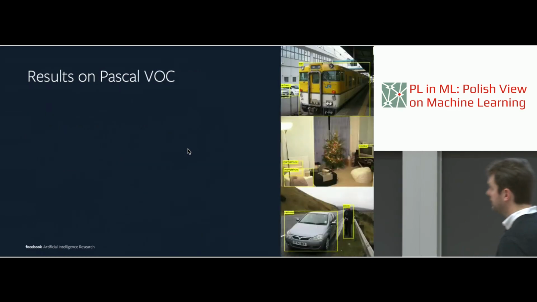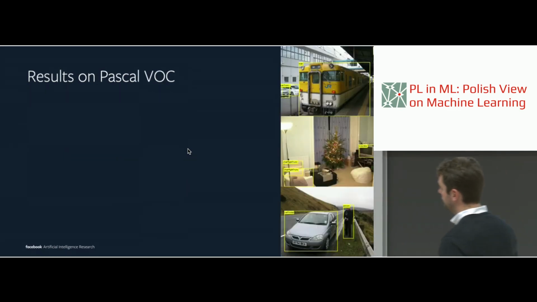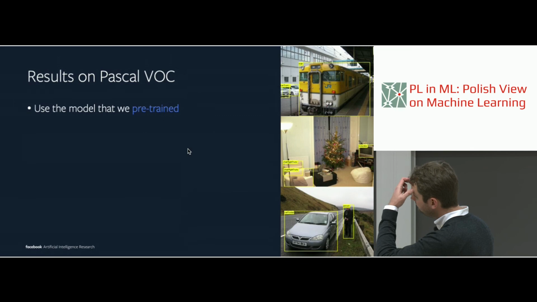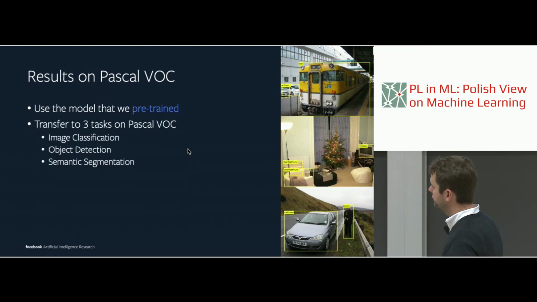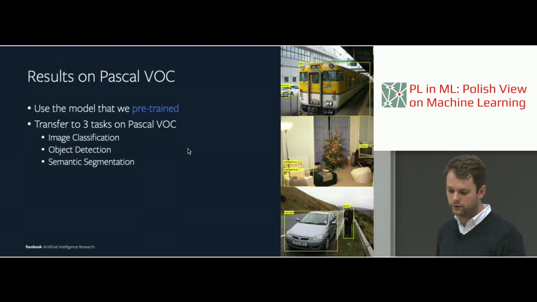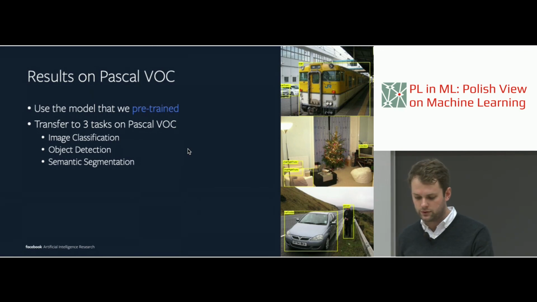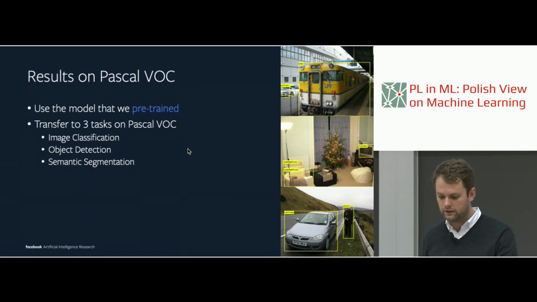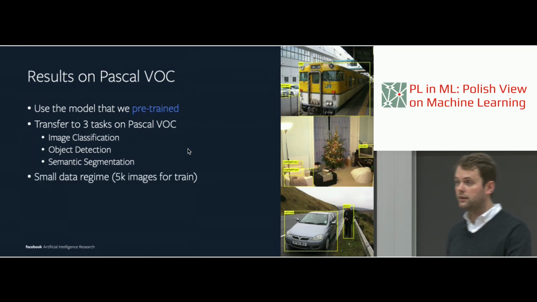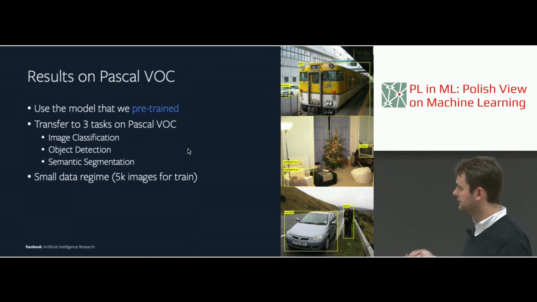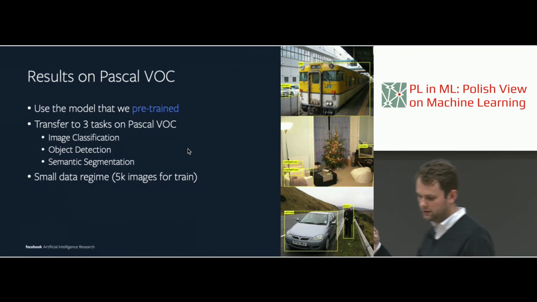We did other experiments by transferring again to the Pascal VOC dataset. We used the models that we pre-trained, and this time we transferred to 3 tasks on Pascal VOC: image classification, object detection, and semantic segmentation. And it's interesting in practice, because this kind of data regime is what people have in practice.